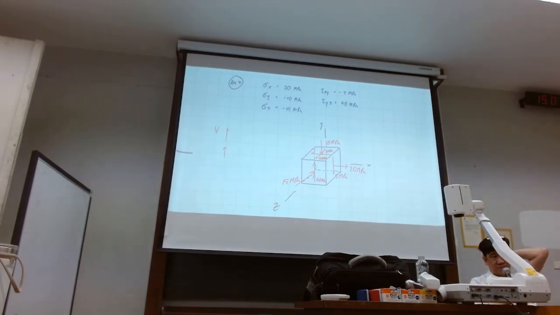Now the problem that we normally run into is that sometimes we do the analysis and we say, this is my X, Y, and Z, according to the picture.